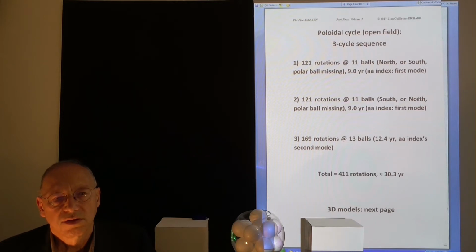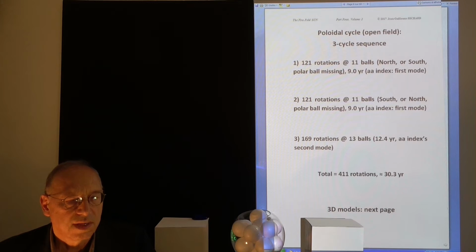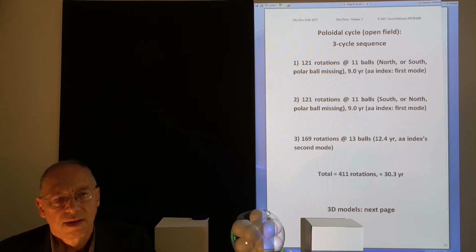Here, for illustration, we propose to have the north polar ball missing in the first cycle and the south polar ball missing as an antipodal ball in the second cycle. This is suggested so as to mimic or to parallel the polar reversal situation in the toroidal field.